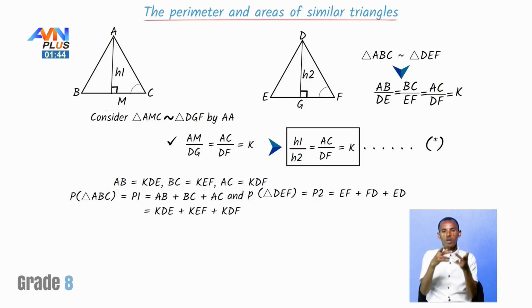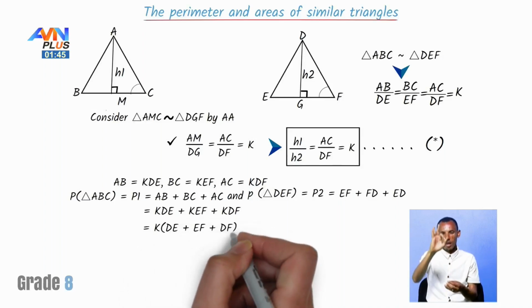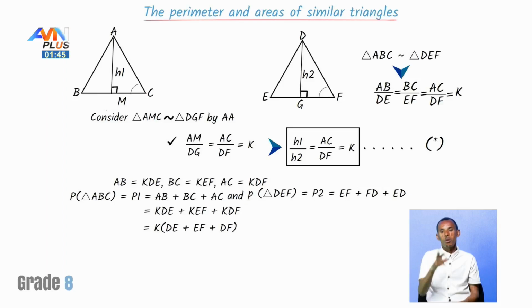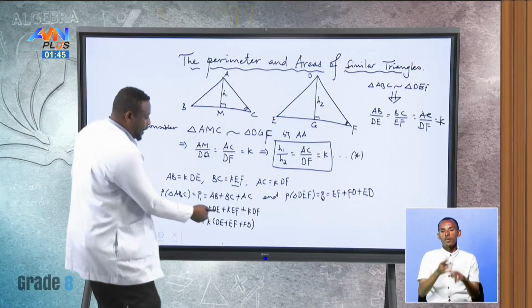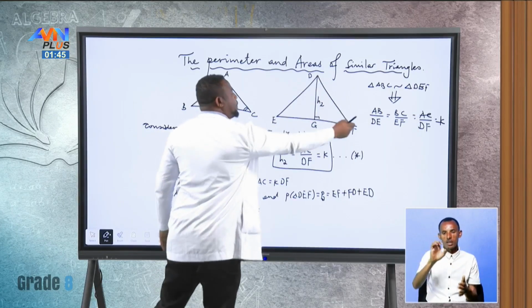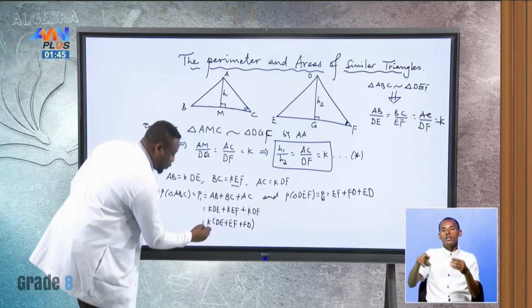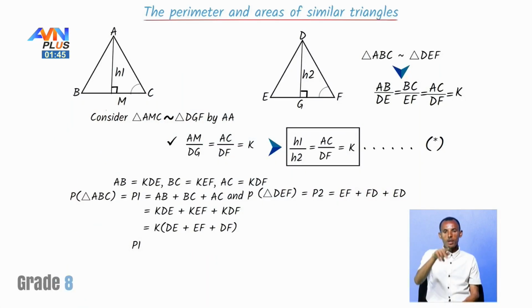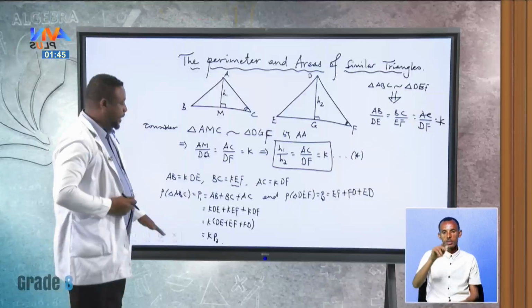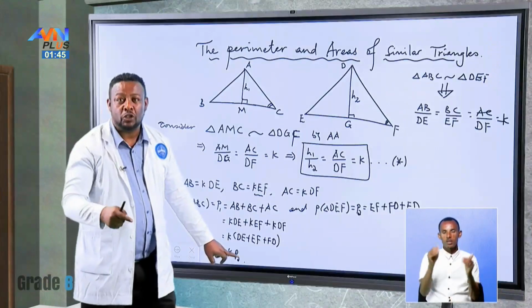Here in all these terms there is something common, which is K. So this means K times (DE plus EF plus FD or DF), right? But DE plus EF plus FD means the perimeter of the second triangle. This is P2, so K times P2. Now we can see that P1 is K times P2.